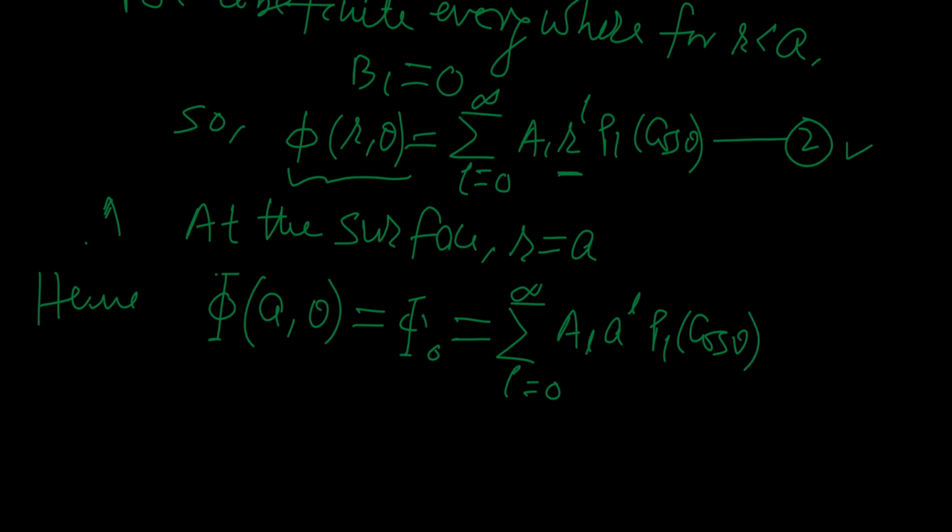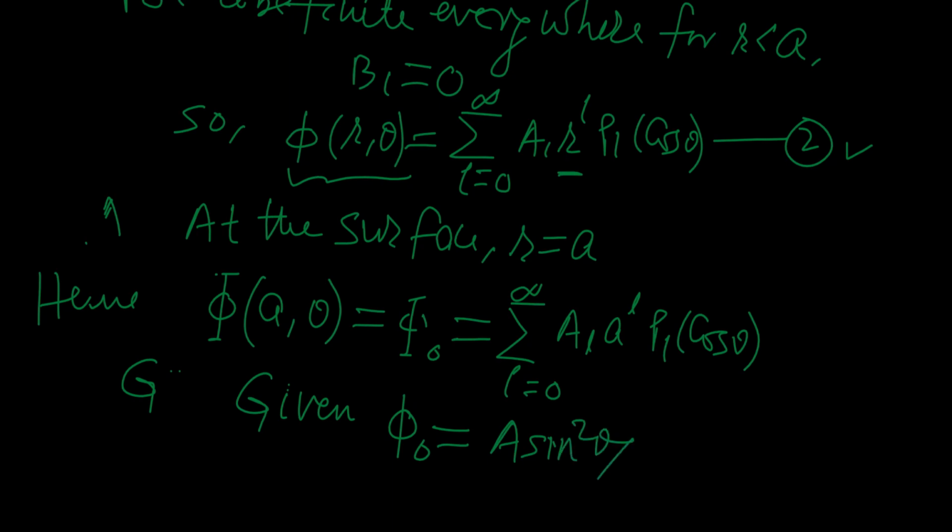But we have given in our problem phi naught equal to A sine square theta by 2. So let us see.